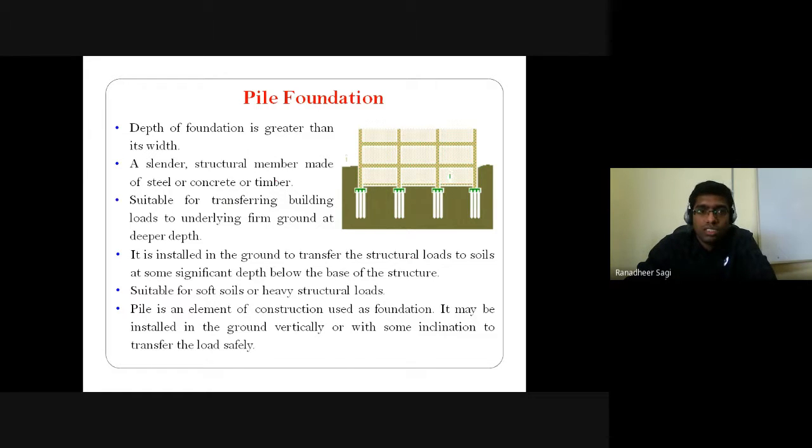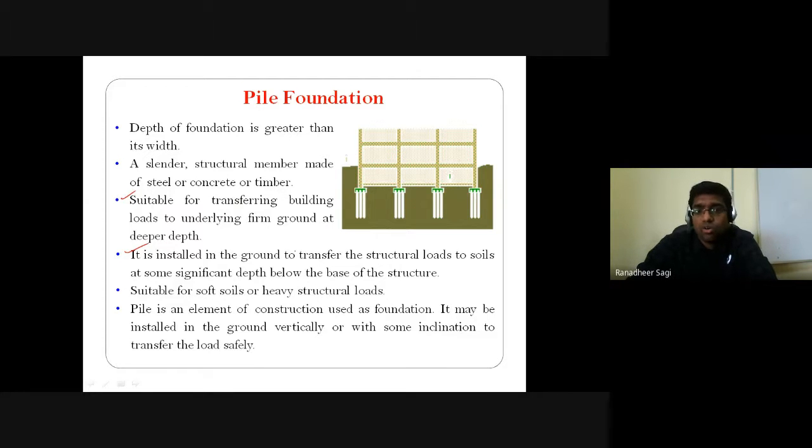So pile is typically a slender structural member made of either timber, steel, concrete or different composite materials which are widely used in the construction of foundations. This is typically suitable for transferring building loads to underlying firm ground wherever you have hard strata available at deeper depths.